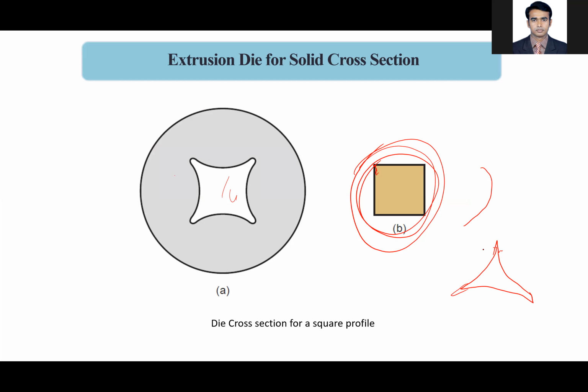Sir, is it because of surface tension during the cooling when it comes out? No, it's because the material is highly compressed inside the screw, and when it gets out of the die, there is no pressure, so it actually expands. That is called swelling.